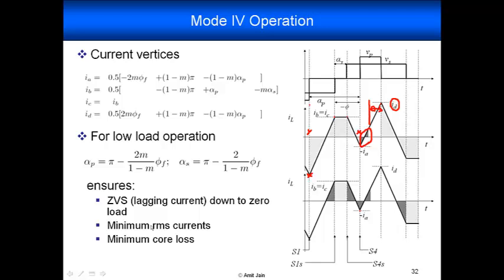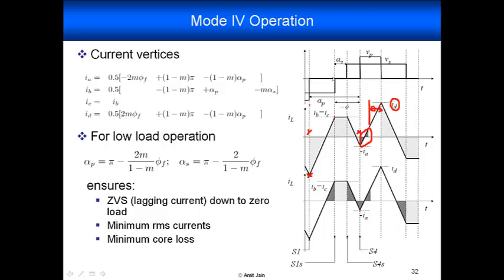It minimizes the RMS currents, and also now that we are reducing the volt second across the transformer, as we go to 0 load, phi f goes down to 0, so alpha p and alpha s both go towards pi.